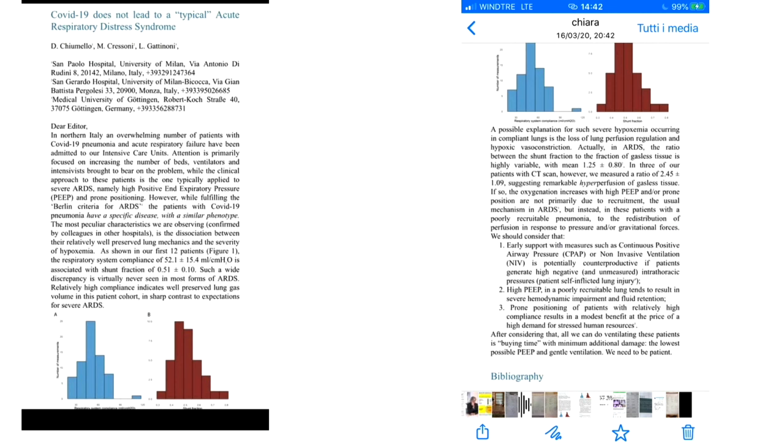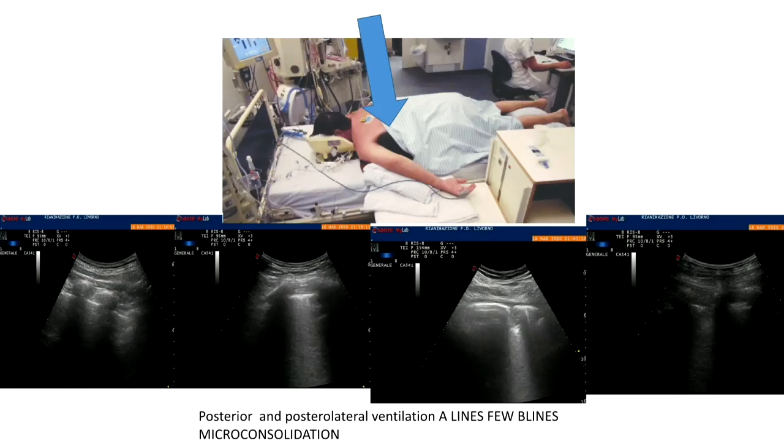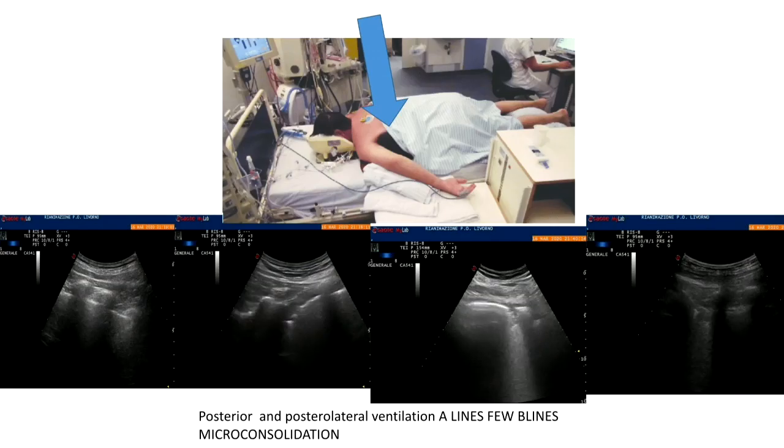So when we use PEEP or prone positioning, we are not taking care of the lung, because we are fighting a lung with high compliance and with a high level of shunt. So we are increasing oxygenation with PEEP, but maybe we are going to do some damage to our lung. This is a topic to discuss.